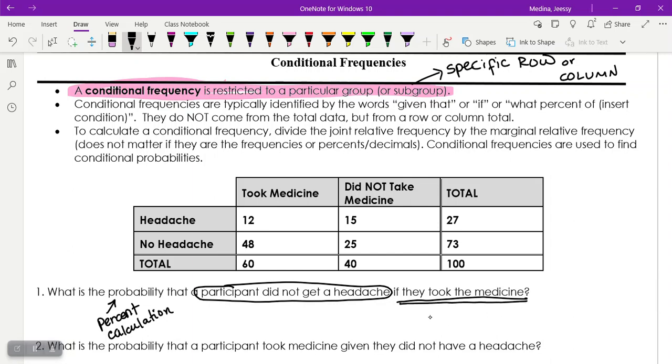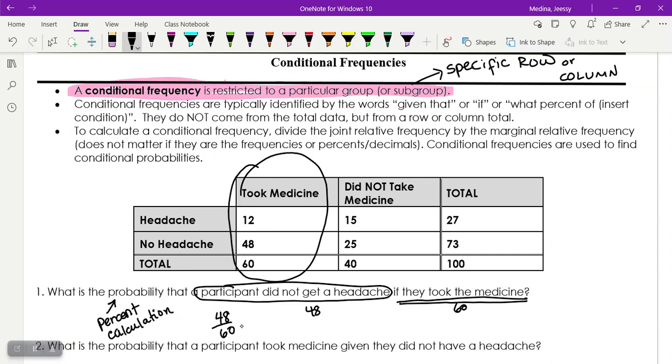All right. So out of the ones that took the medicine is going to be these right here. You see? So which of those did not get a headache? So it's 48 out of 60. Right? This one is the 48. This one is the 60.